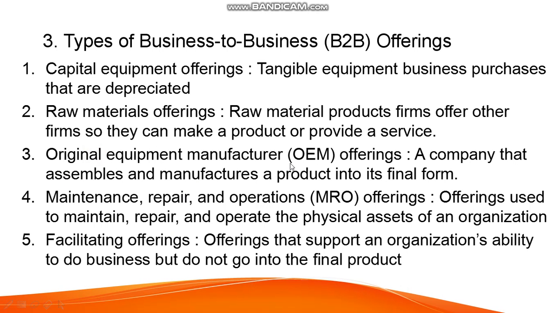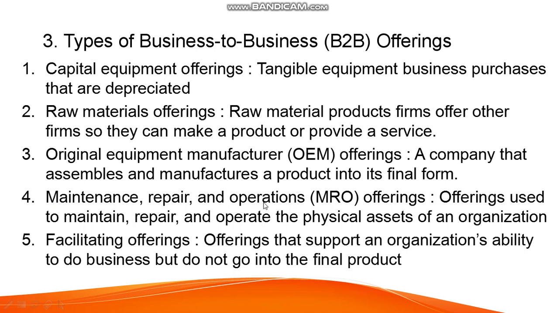The types of business-to-business offering. Number 1 is capital equipment offering. These are tangible equipment that businesses purchase that are depreciated. Number 2, raw material offering. Raw material products are what firms offer other firms so they can make a product or provide a service. Number 3 is original equipment manufacturer or OEM offerings. It means a company that assembles and manufactures a product into its final form.